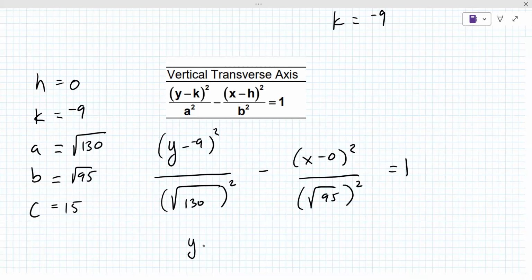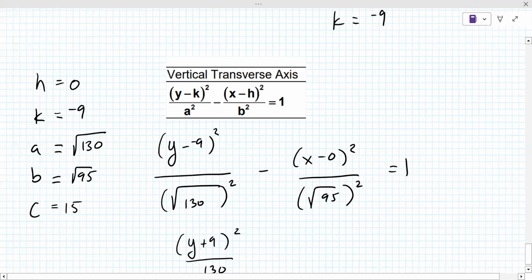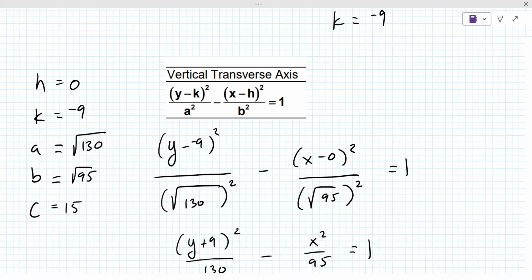With just a small simplifying to make it look nice. And what we could do is graph this and verify that all those points are on there. If you wanted, that would be another thing to think about doing here.